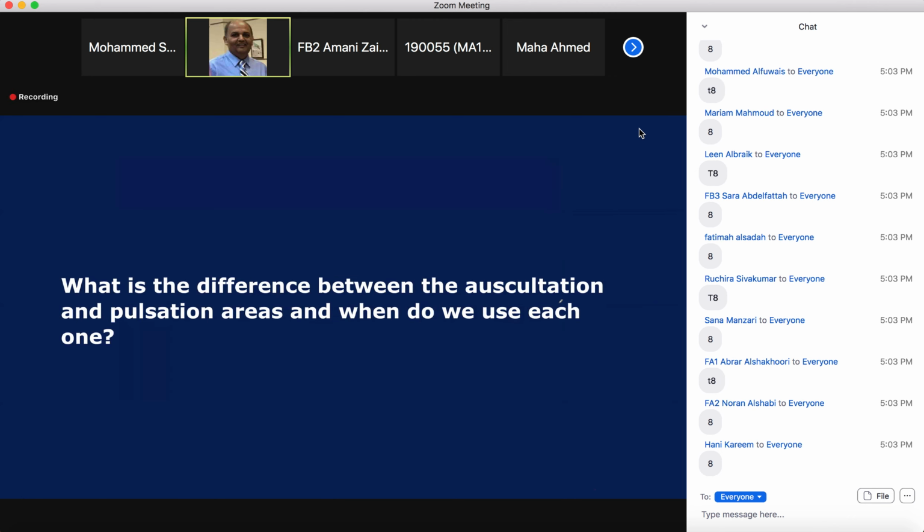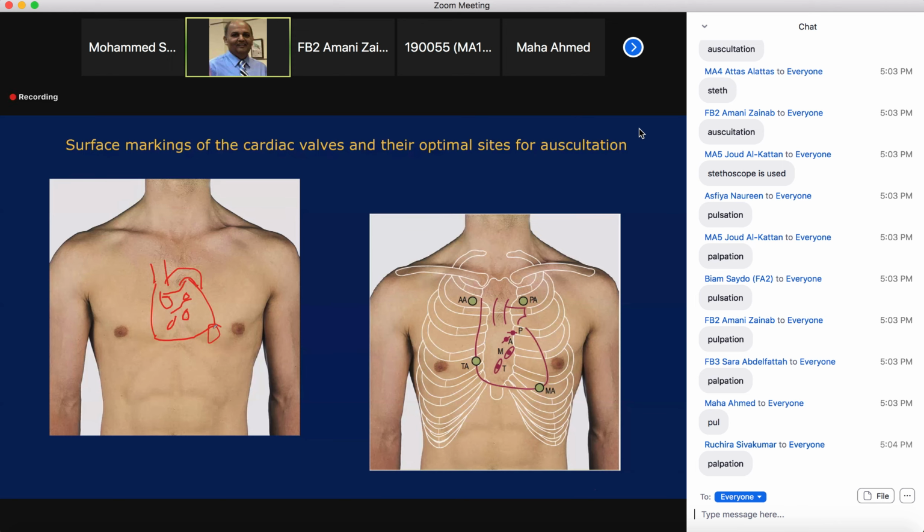We know the four valves are located here. But when we auscultate them, we don't auscultate them here because the sternum is overlying. So we know where the mitral valve is best heard, where the tricuspid is, and all the valve locations. So this is pulmonary and tricuspid and mitral and aortic. Originally, where are they present? The letters A, P, M, T are self-explanatory. Are we clear?